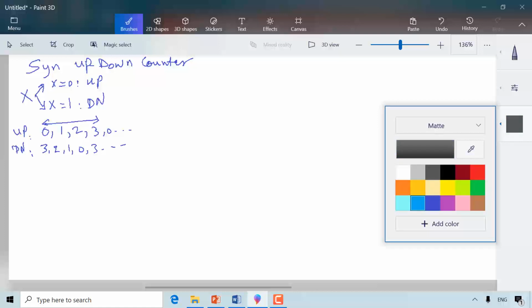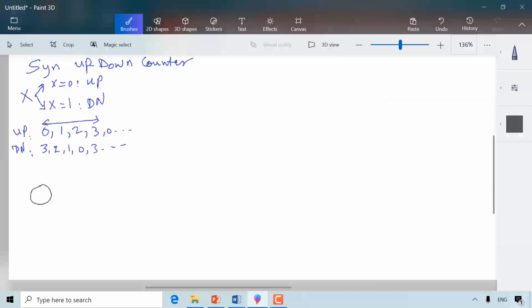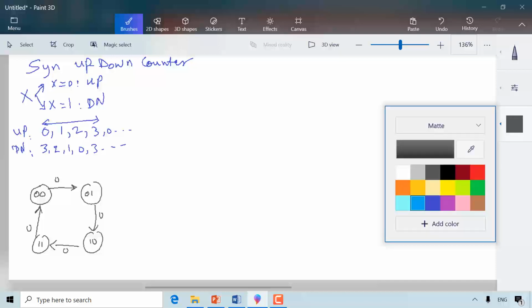Now let's draw the state diagram. If I am in state 0, 0 and X is 0, then I'm going to increment to 0, 1. If X is 0, I'm going to go to 1, 0. If X is 0, I'm going to go to 1, 1. And if X is 0, I'm going to go to 0, 0. Now, what happens if X is 1?